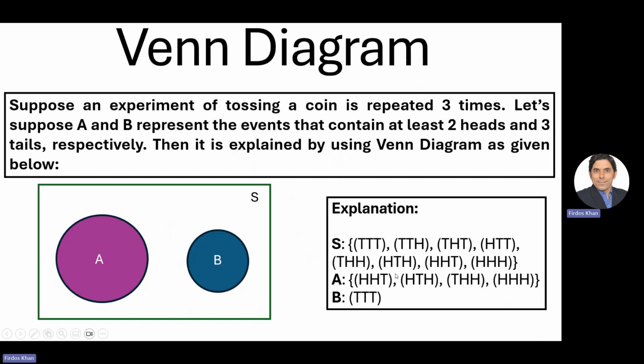So this is all about what a Venn diagram means and how we can represent a real life example by using a Venn diagram. And remember that the Venn diagram is a very useful technique which can be used to calculate probabilities of events in which you are interested.